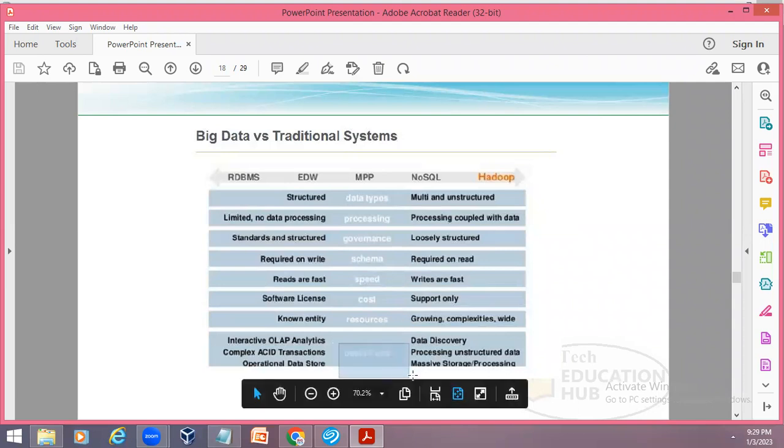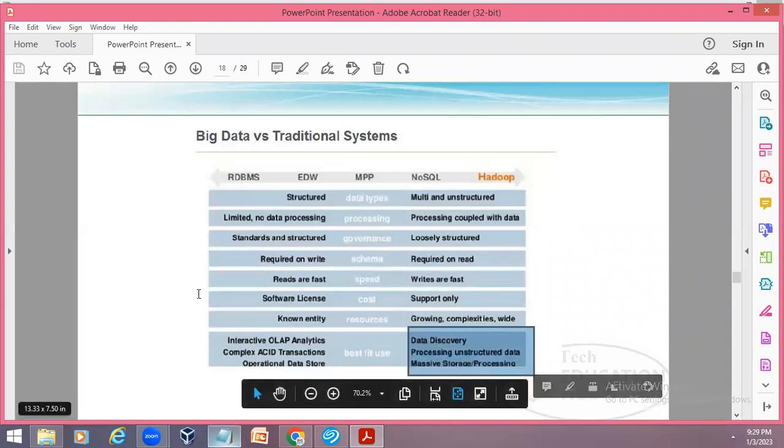Now, best fit. Because in RDBMS, we are dealing with a smaller amount of data, this is good for OLTP sort of system, or sometimes OLAP. But the Hadoop system is always for OLAP system.